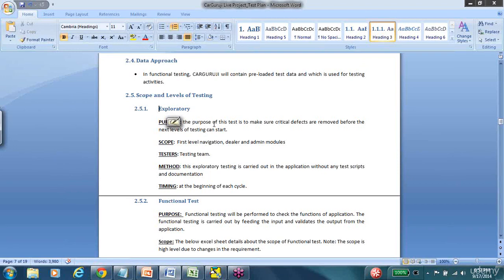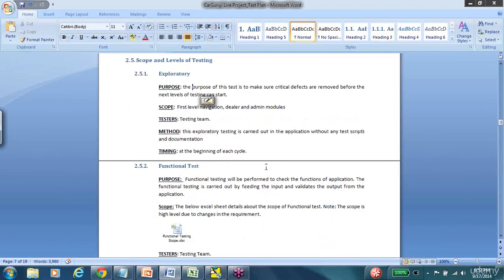For the exploratory testing, every time there is purpose, scope, testers, method, timing. If you look at it carefully, purpose is why, scope is what, testers is who, method is how, timing is when. You see, it's always the question words.